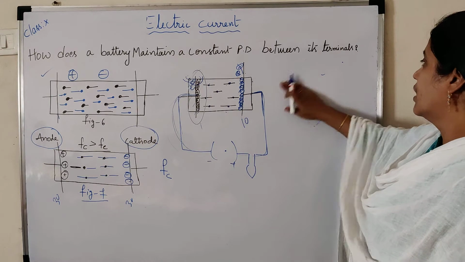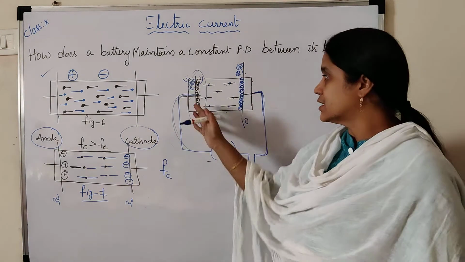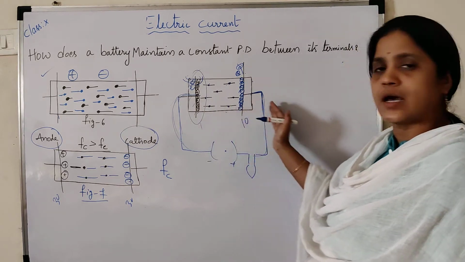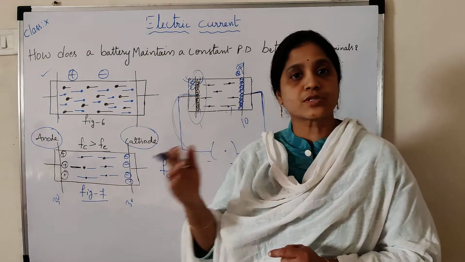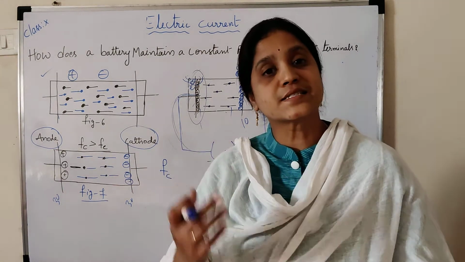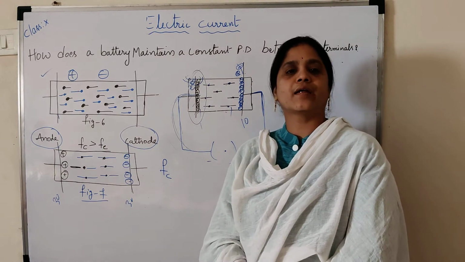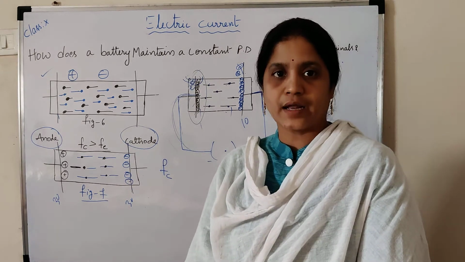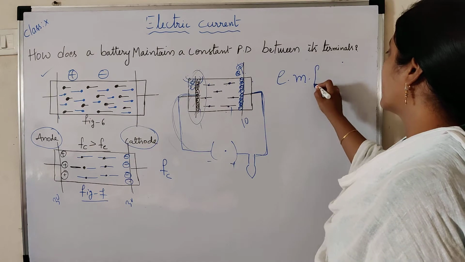Next, here you see the working condition in the battery. Here also the charges are moving from one place to the other. If the charges are moving from one place to the other, then work is done by the charges. If this work is done due to the chemical force, then we call it EMF.